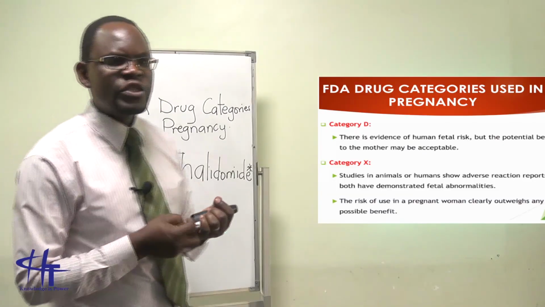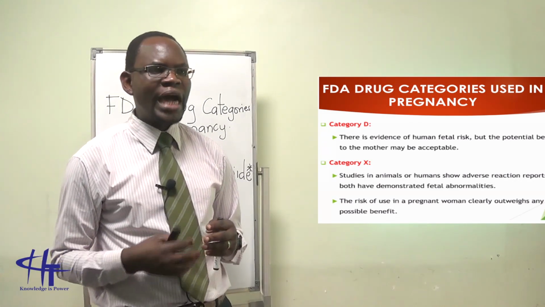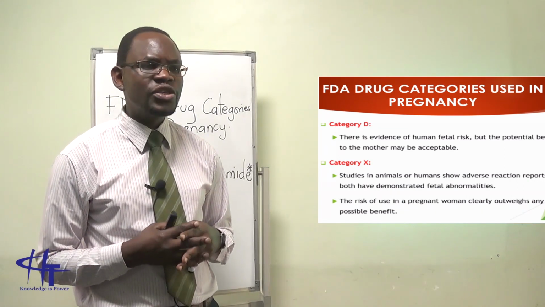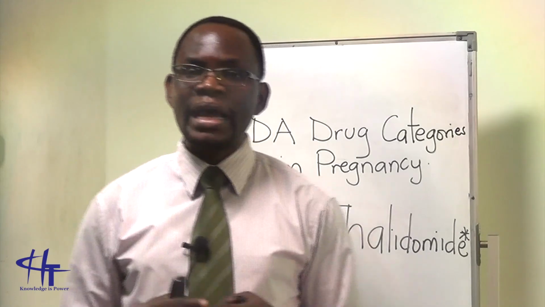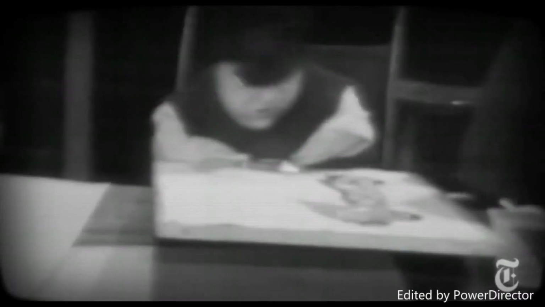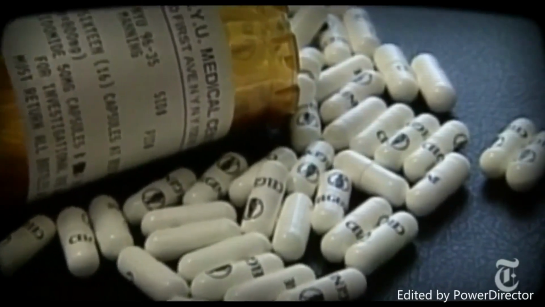Now, I've stressed that drug called thalidomide as you will see a documentary on the same. Now, this drug was used mostly in Europe in the mid 20th century, about 1960, 1970s. And it was being given to pregnant mothers for treatment of what we refer to as morning sickness.